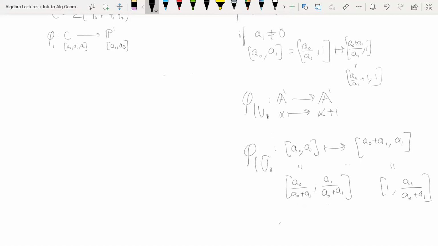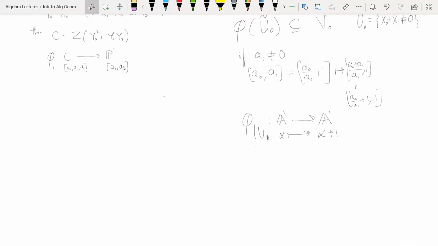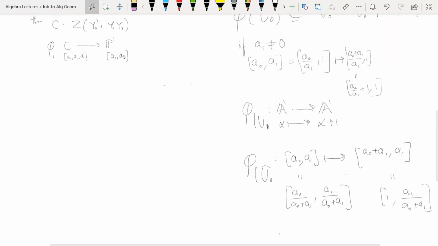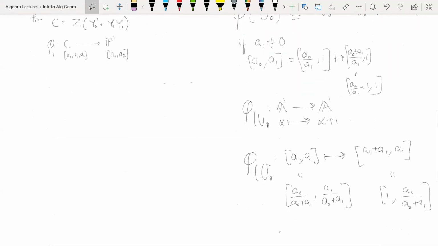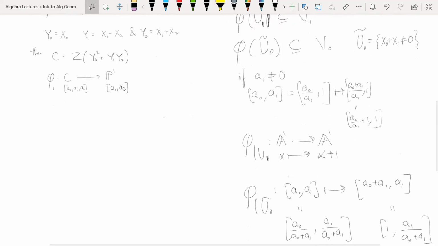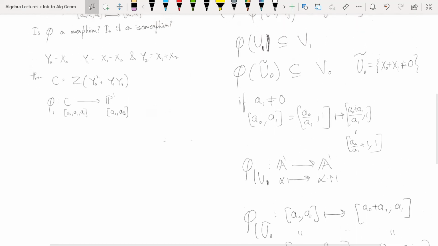But I should think of, so u naught tilde is isomorphic to the affine line, but one has to think of how you identify it with A1 in P2.